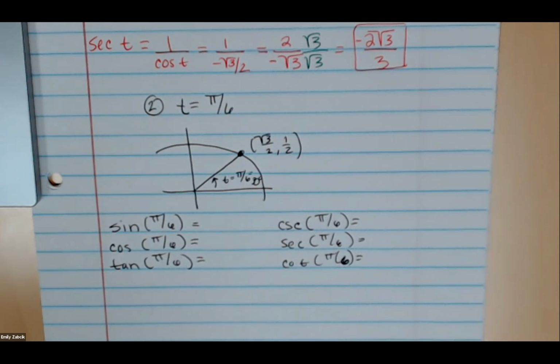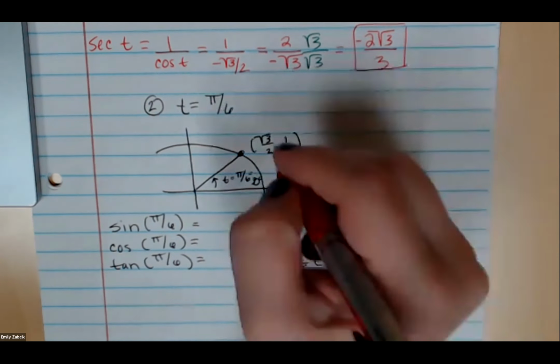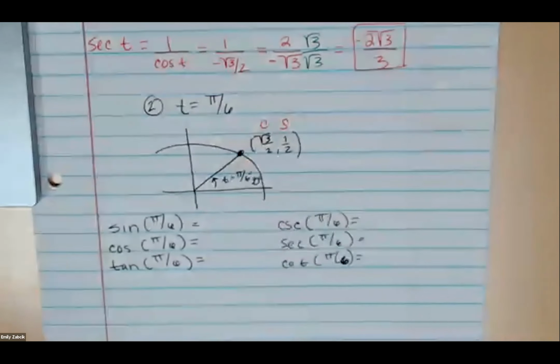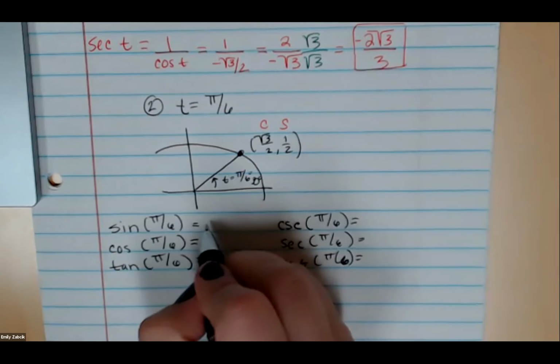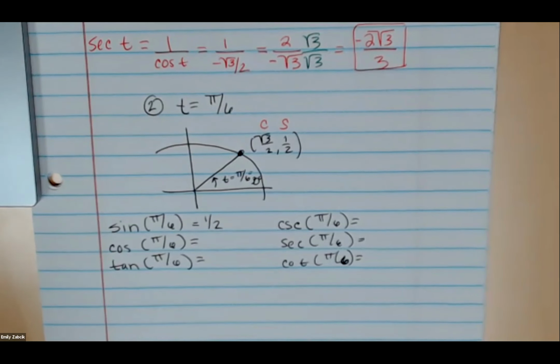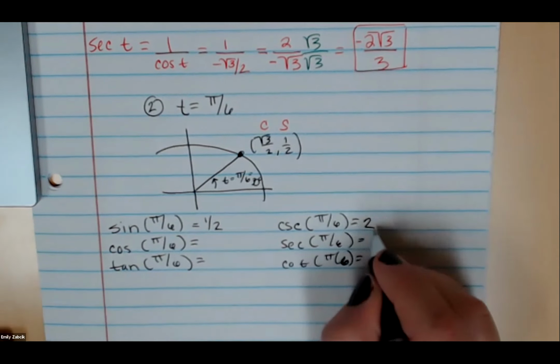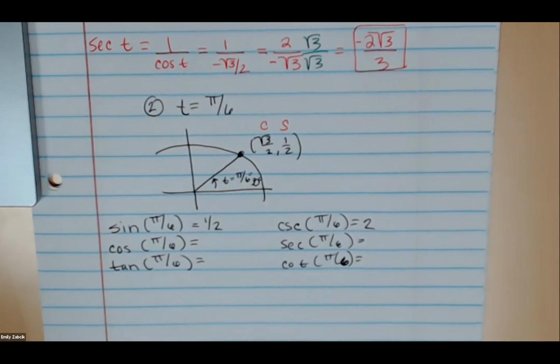Because if I look at sine, remember, here's your cosine, here's your sine. If I look at sine of pi over 6, that's 1/2. Well, cosecant is its reciprocal, so it's 2. I'm 30% done with this problem here.